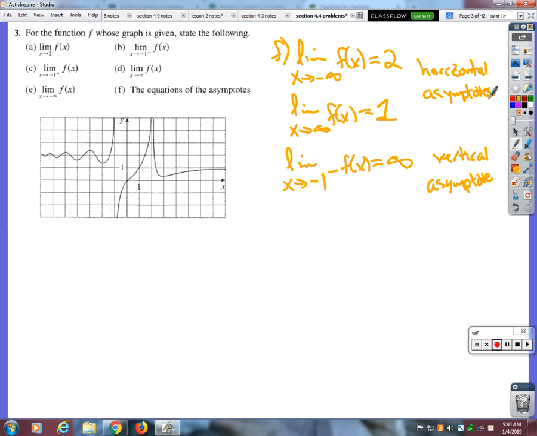Oh, I didn't see that, Gage. We could have done from the positive side also. Yeah, my bad. Then this last one would be the limit as x approaches 2. In this case, also equals positive infinity, so those are the vertical asymptotes. Right.